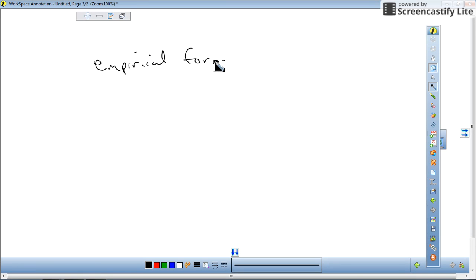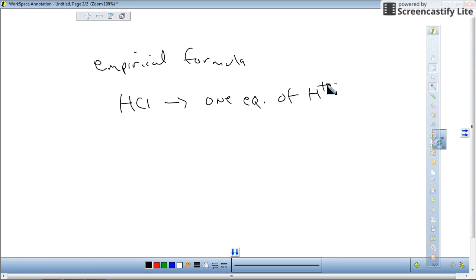So just as a quick reminder on this, for example, HCl has 1 equivalent of hydrogen on it, whereas something like H2SO4 has 2 equivalents of hydrogen.